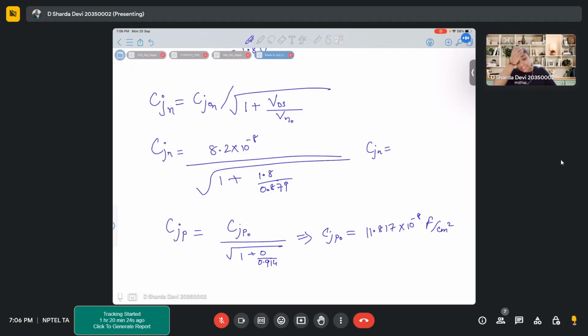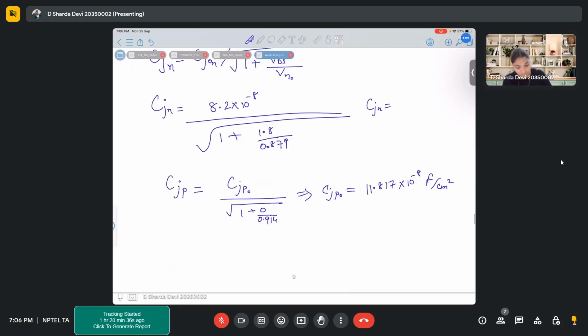So what is the CJN that we are getting for this particular bias, 1.8 volts? What is the value?